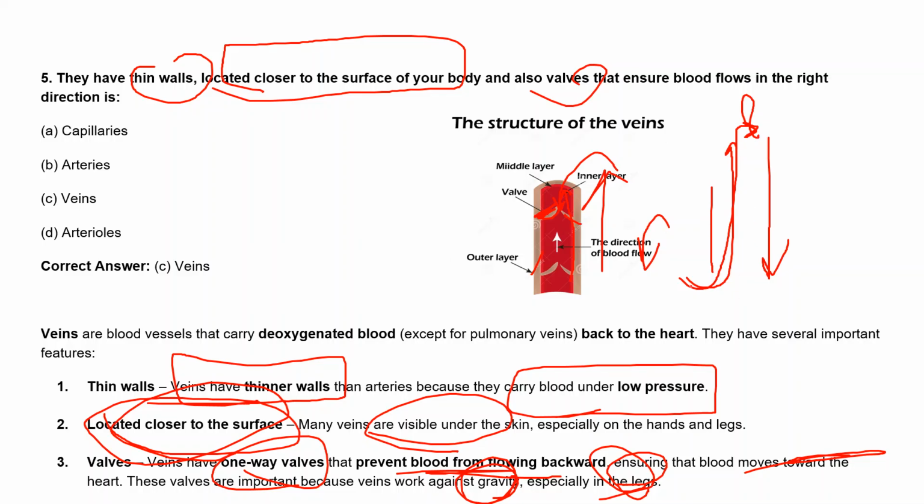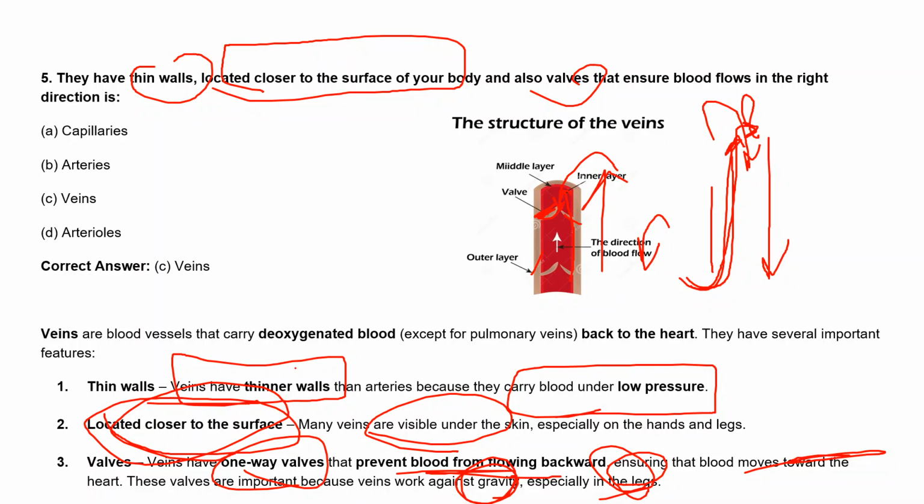So the blood is moving against the gravity force, and there may be chances of backflow. For that, this valve is there, which will ensure no backflow during the blood movement, and the blood moves towards the heart.